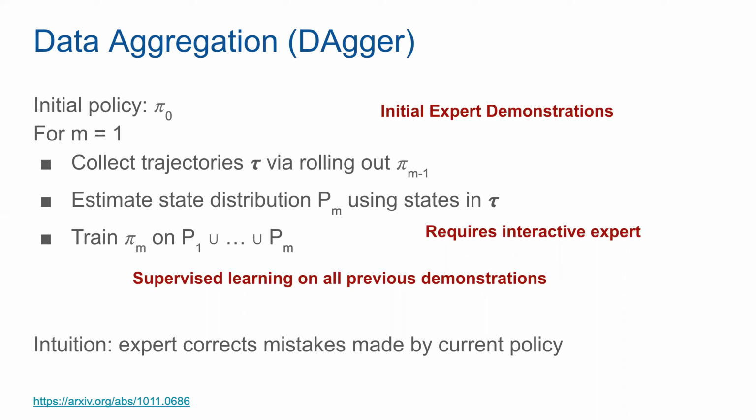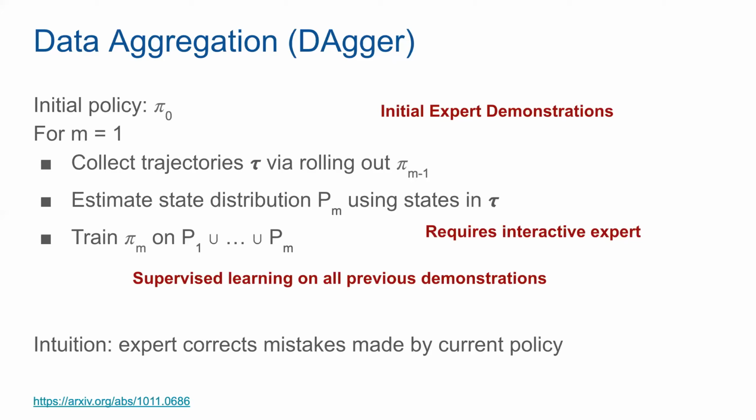And then we take the union of all these demonstrations collected over all the states visited by all the previous learned policies, and we train a new policy on the union of all that data. In other words, we reduce to supervised learning over the union of all the distributions from all previous iterations of the policy and all previous demonstrations.